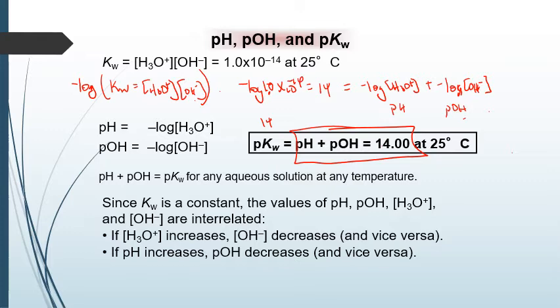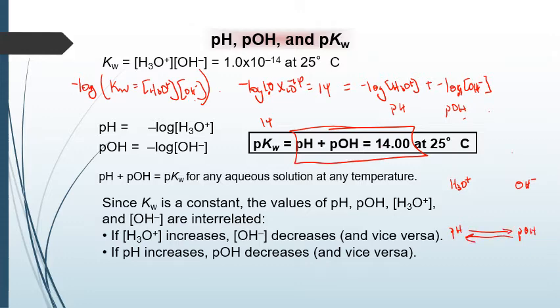Kw, again, is a constant at constant temperature, so the values of the pH, the pOH, H3O plus, and OH minus are all interconnected. So you had that little flow chart that I showed you guys last year, where you could have the H3O plus, the OH minus, the pH, and the pOH.